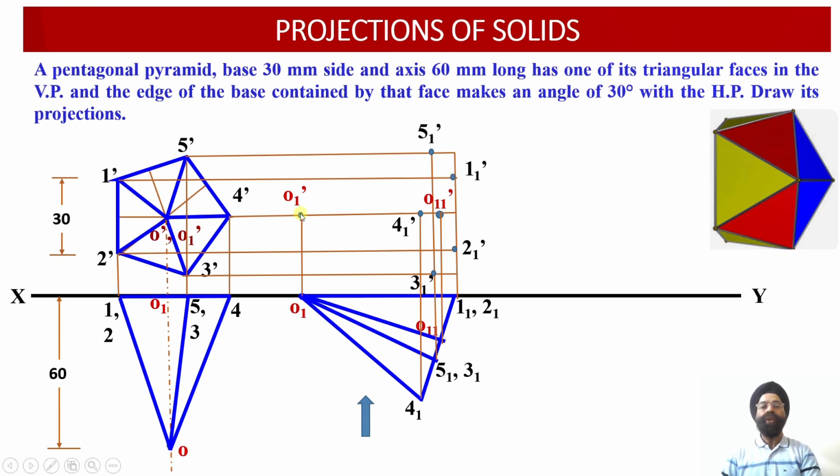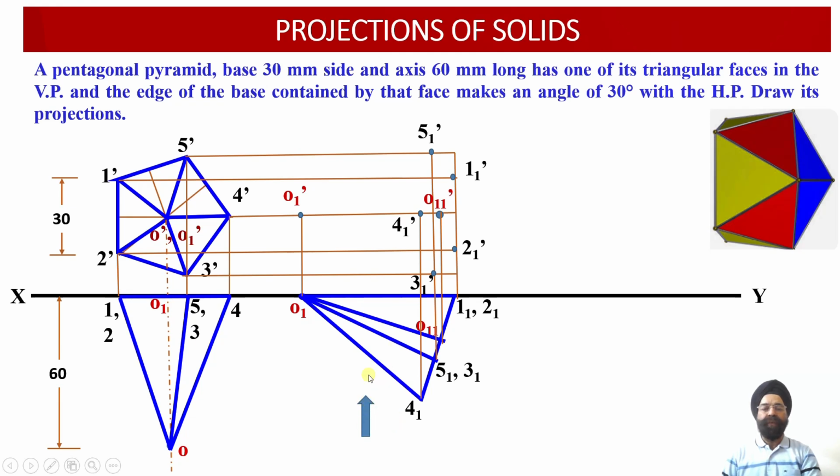Also we have to join O1 dash, 1 1 dash, O1 dash, 2 1 dash, O1 dash, 3 1 dash, O1 dash, 4 1 dash and O1 dash, 5 1 dash. But which one of these edges we have to draw using object line? Which one of these edges we have to draw using the hidden line? That we have to understand now.